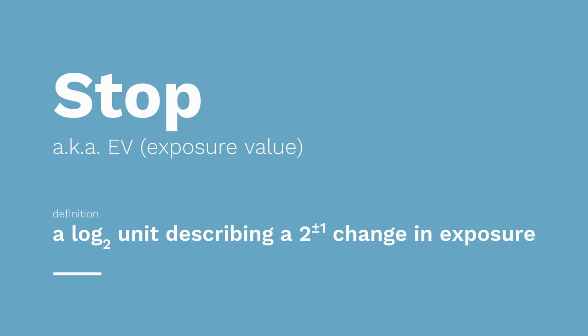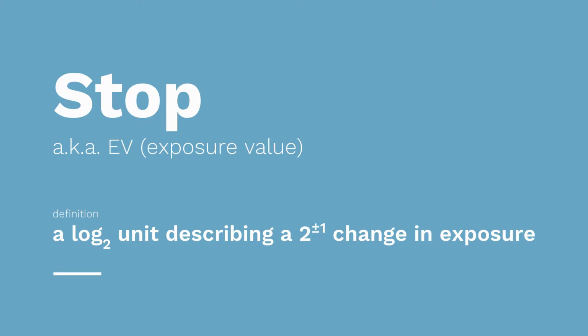Similarly, if I say that your photograph is 2 stops underexposed, I am essentially saying that your picture is 4 times less bright than it should be.